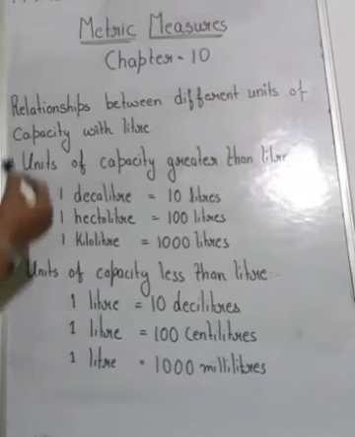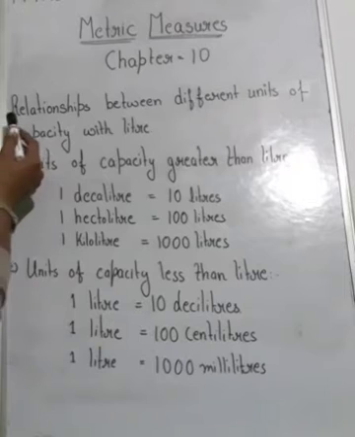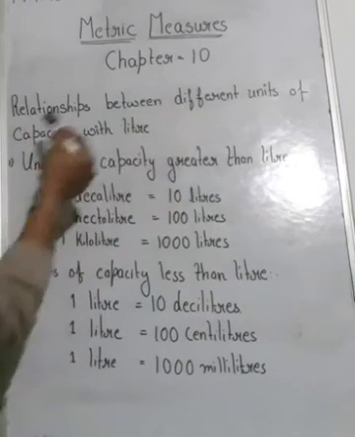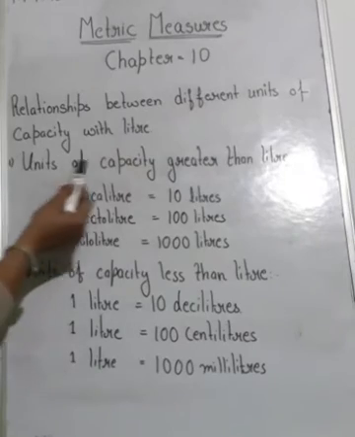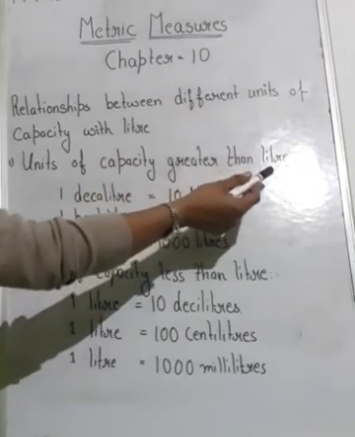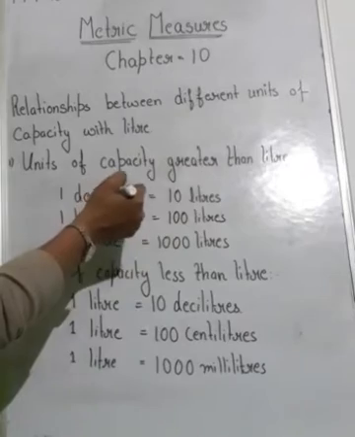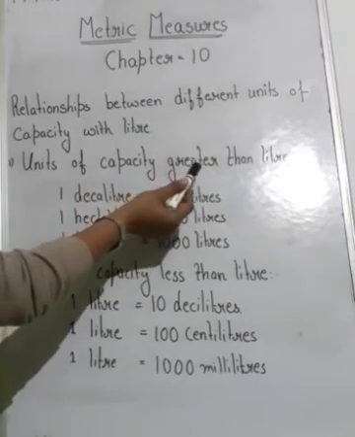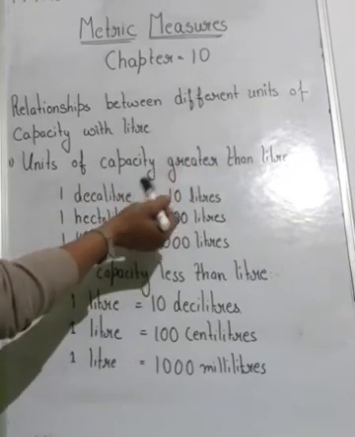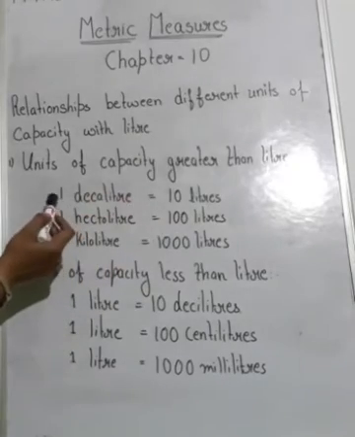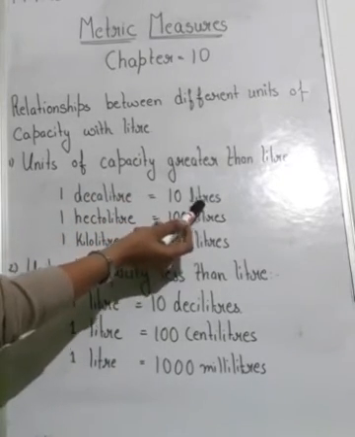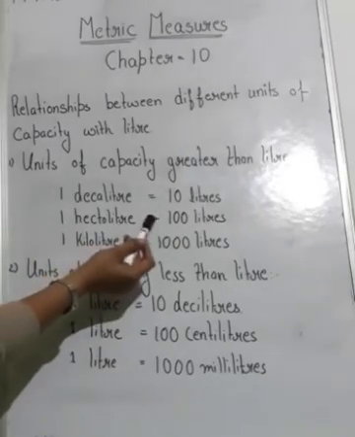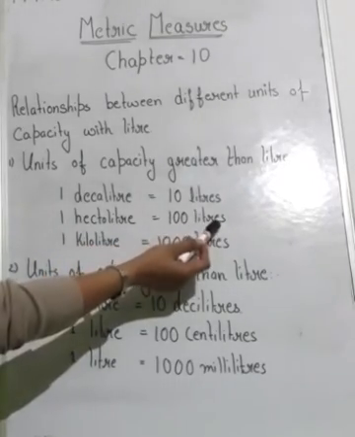Now students, here I have written some relationships between different units of capacity with liters. First is units of capacity greater than liter. So 1 decaliter is equal to 10 liters. 1 hectoliter is equal to 100 liters.